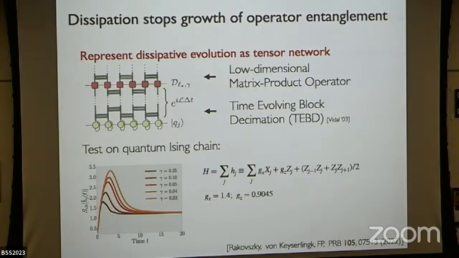Well, the way that the MPO identifies these Pauli strings is that we have a local basis, which is 1, x, y, and z. And now you have an operator where you can say that the identity has charge 0, and these operators have charge 1. And now we can have an operator which is just counting this charge.